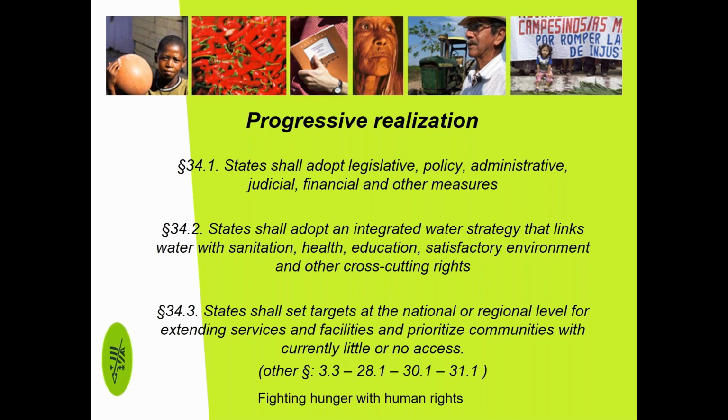So it becomes a reality that people living in the territory of that state enjoy the right to water. So to make it happen, there should be all these kinds of mechanisms. There should be a legal framework that recognizes that right to water. So that's why paragraph 34, point 1, is very key.